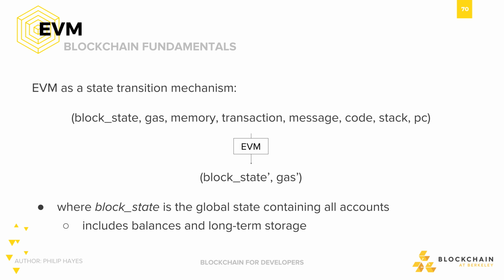You can think of the EVM as a state transition mechanism. You put in the whole global state of the accounts, and then you have the memory, transaction, message, code, stack, and PC, or sorry, program counter. And you then just keep track of the block state and gas for each function or opcode that happens via the EVM.